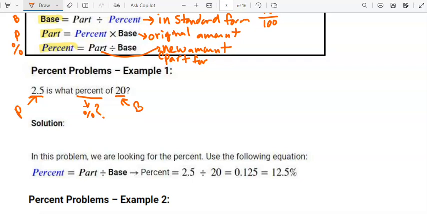Solution. In this problem, we are looking for the percent. Use the following equation. Percent equals part divided by base. So that means that our percent is going to equal 2.5 divided by 20. That's 0.125. Change it to a percentage by multiplying by 100. 12.5%.